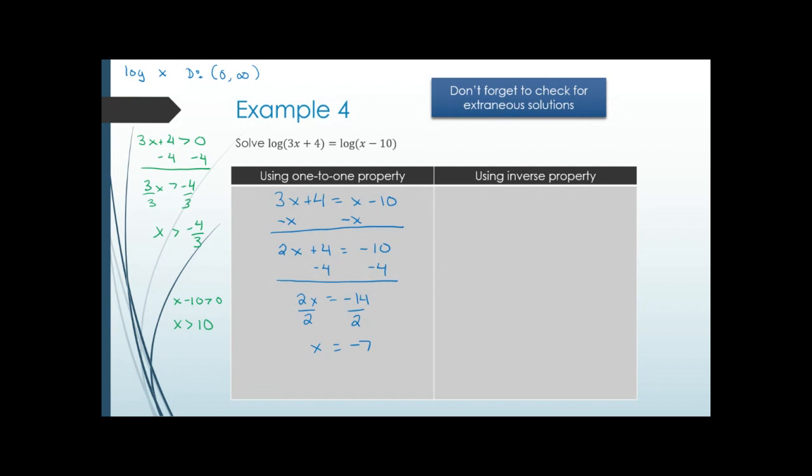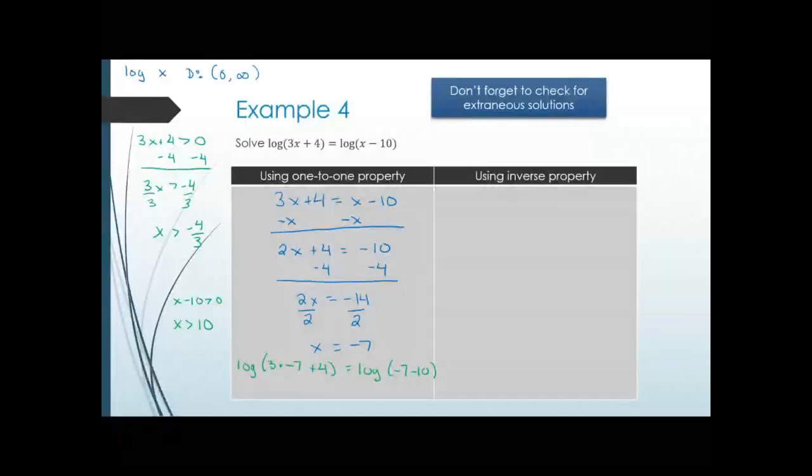And you can double check by plugging it back into our equation. So if we do the log of 3 times negative 7 plus 4 equals the log of negative 7 minus 10. Plus 4. So 3 times negative 7 plus 4, that is negative 17.